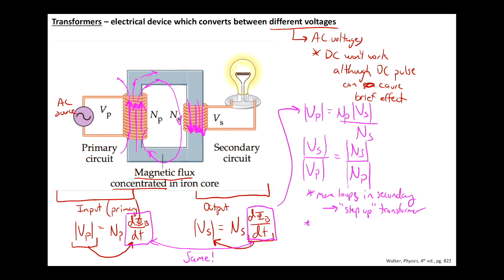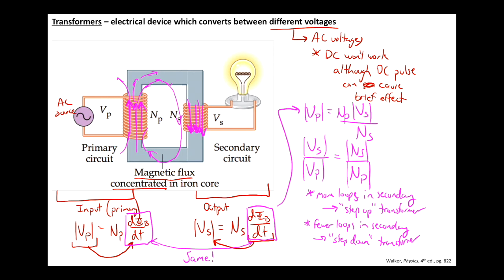And if I have fewer loops in the secondary, we would call that a step-down transformer. And I've run out of room, but there's more that I want to put here. So as you can see, equation-wise, there's not a whole lot to do with it. It's all coming straight out of Faraday's law, though.